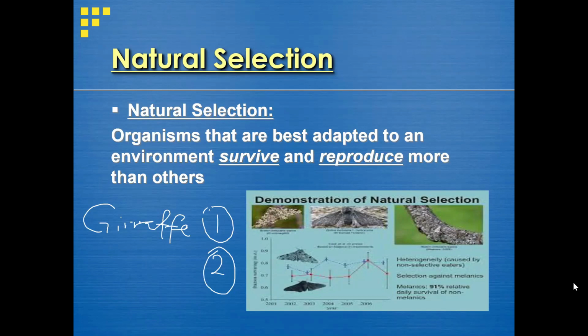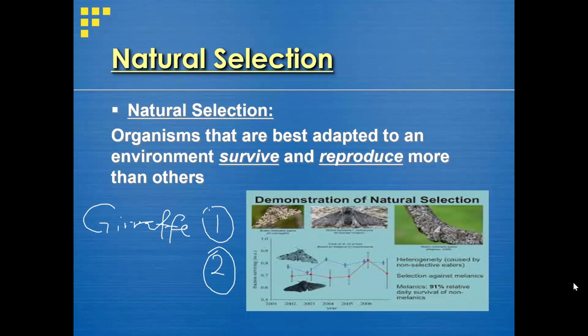In that particular environment, the trees are very tall. Initially they are short, but as the giraffes and other organisms eat the leaves on those trees, the leaves go far apart. Then it becomes the case that only the giraffes that have a long neck are able to stretch their necks and get the leaves and eat to survive.